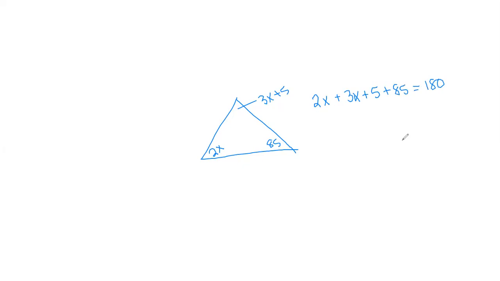So I got to combine like terms. So 2x plus 3x will give me what? 5x. And 5 plus 85 will give me what? 90. So I have 5x plus 90 equals 180.